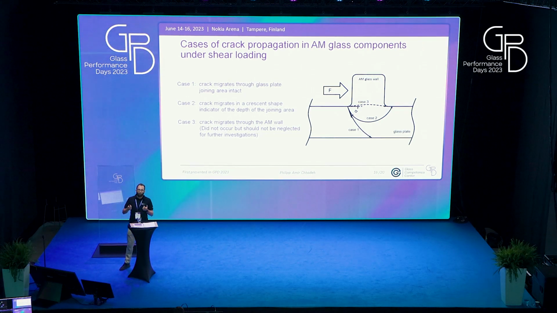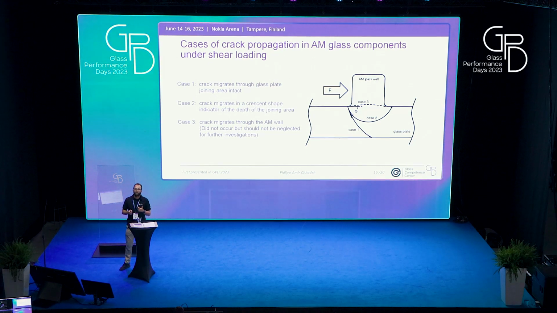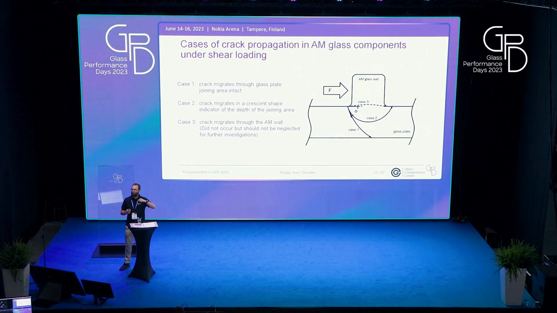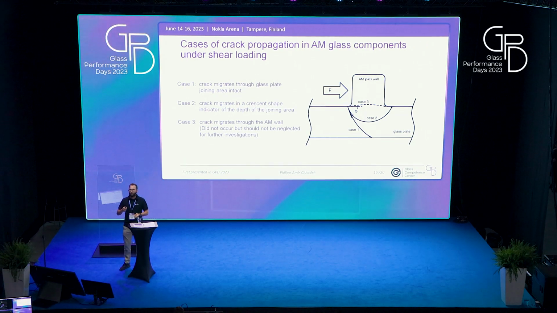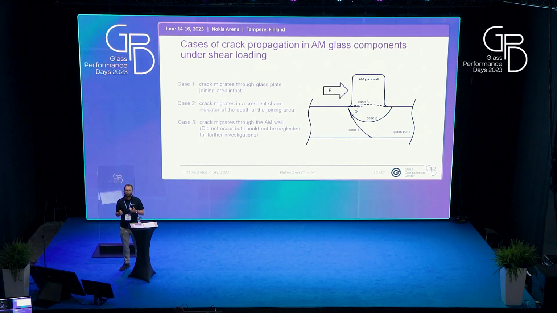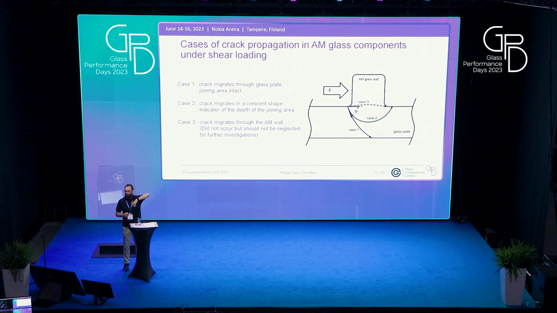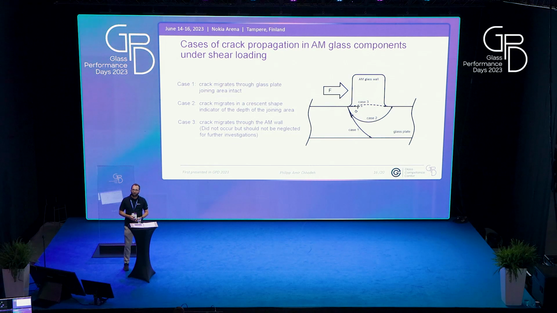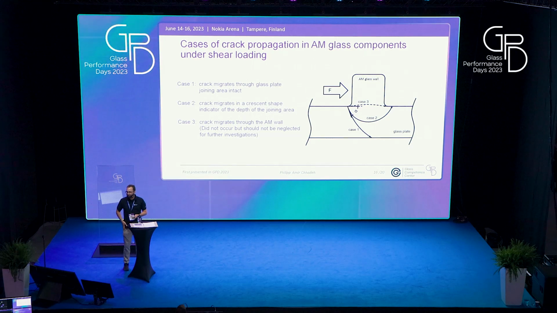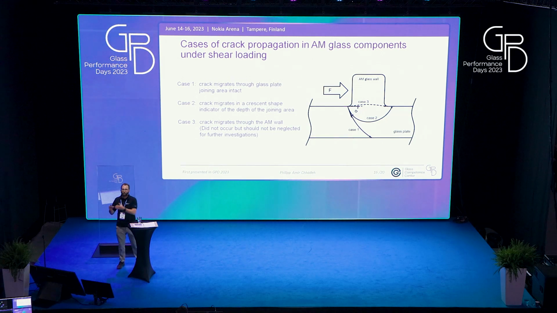Due to the loading, we have a mode 2 failure indicated, but then after crack opening, the crack always goes through the least resistance, and since the mode 1 fracture toughness is weaker than mode 2, the crack propagates in mode 1 in two different shapes, either through the glass plate or in a crescent shape to the other side of the glass wall. This is quite important for redundancy in the future. If we want to have a safety concept for AM glass, we have to consider those two cases of failure of AM glass components. So this is what we did currently.